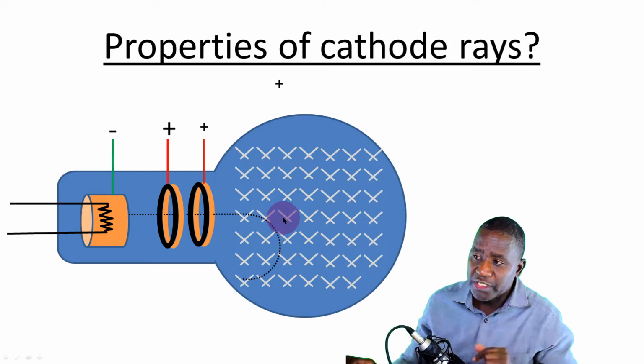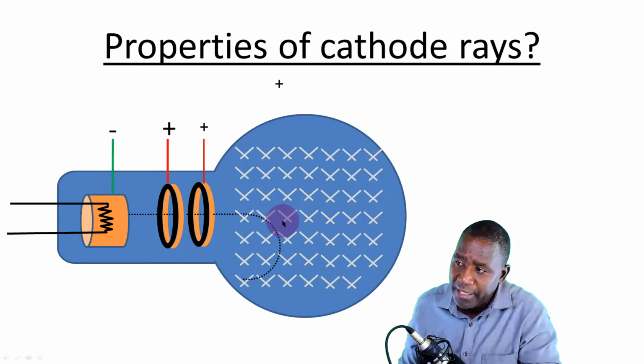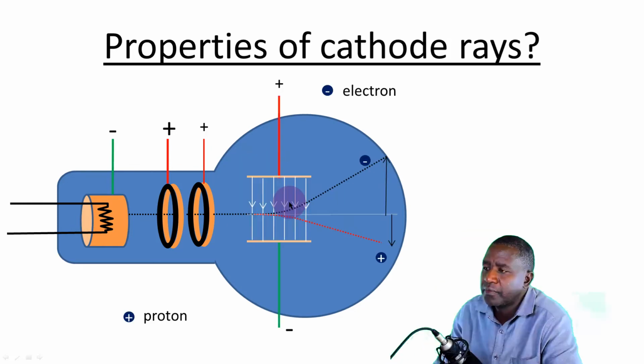The other distinction is this. You can see that the magnetic field lines are perpendicular to the direction of travel of the particle. At this point, I want to bring this idea.